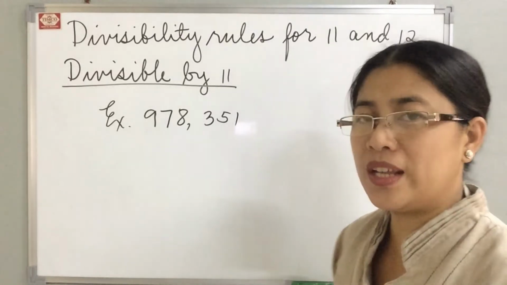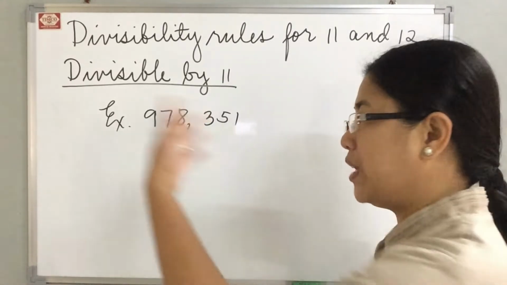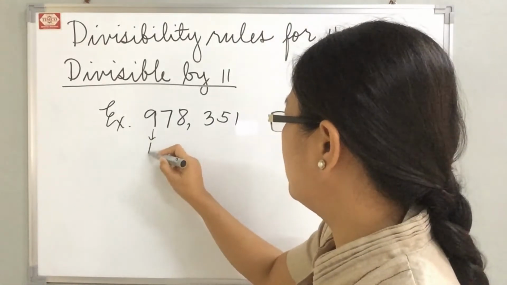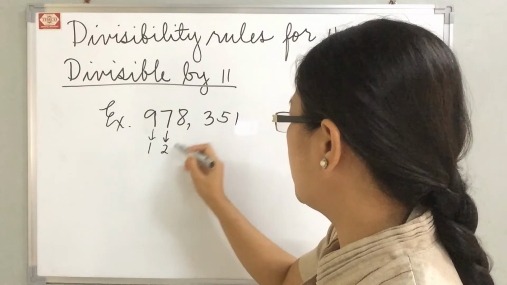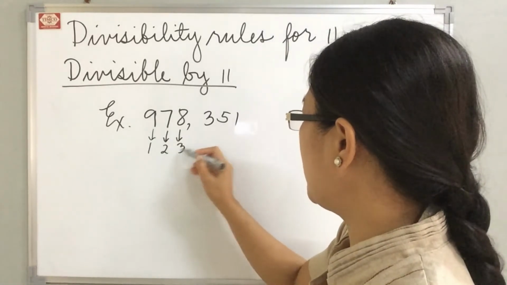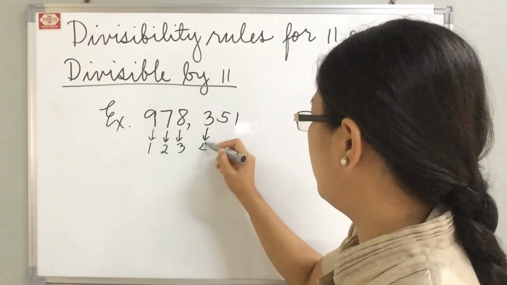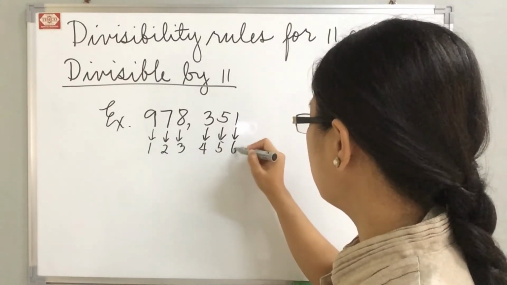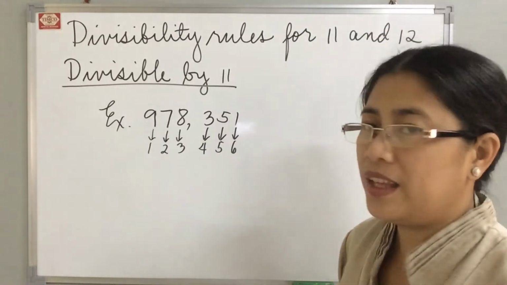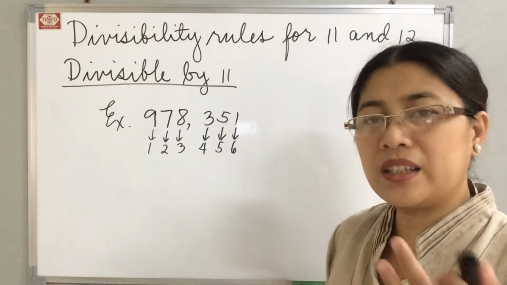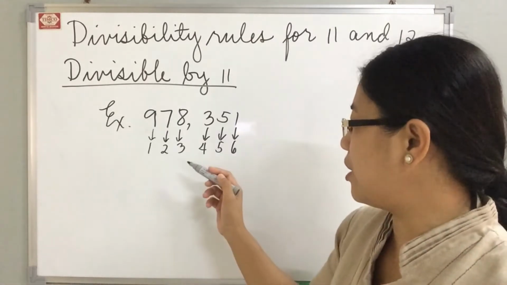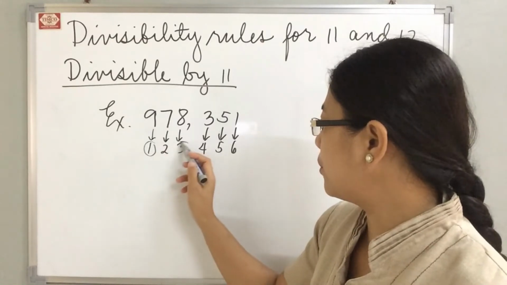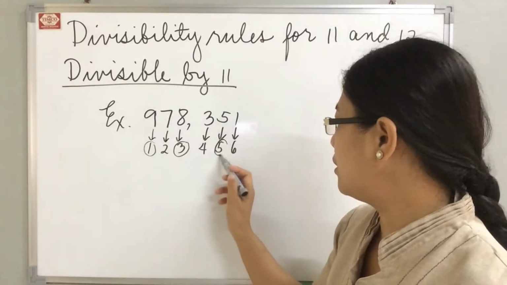978,351. So let's count the digits from left to right. We have 1, 2, 3, 4, 5, and 6. Let us get the digits at the odd places. What are the odd numbers here? We have 1, 3, and 5.